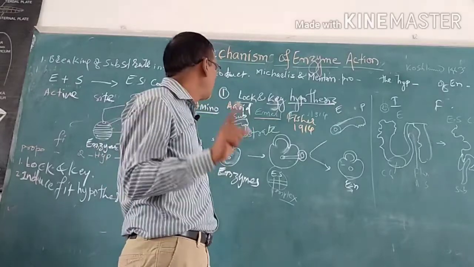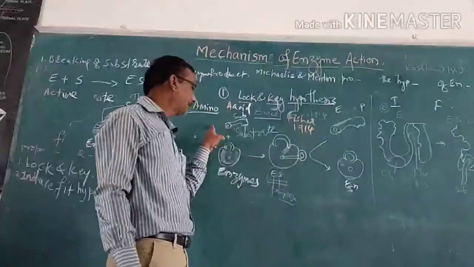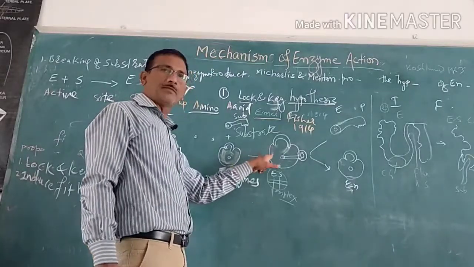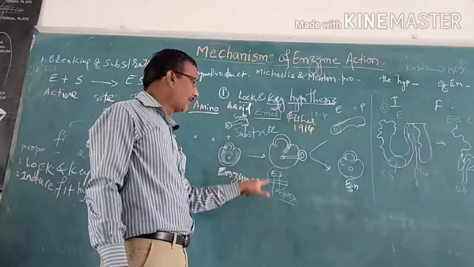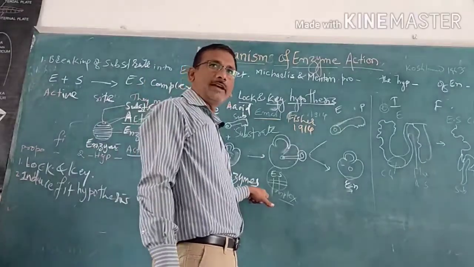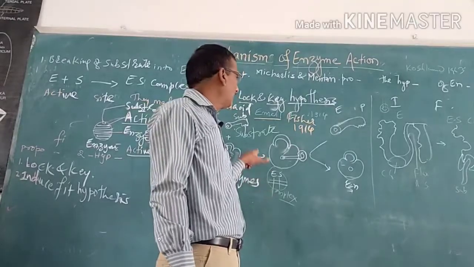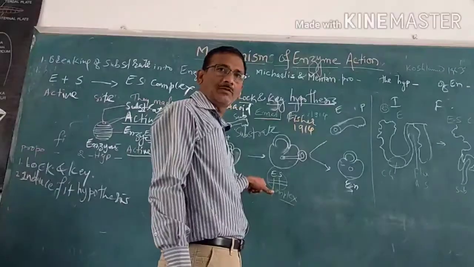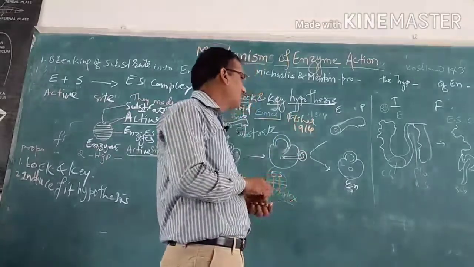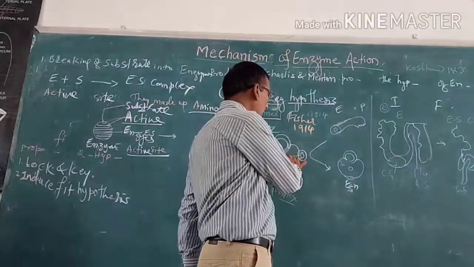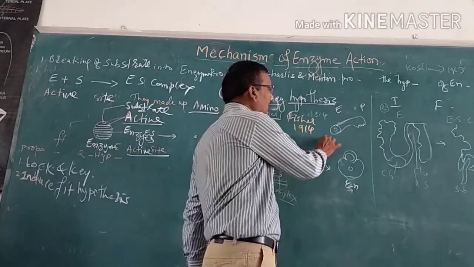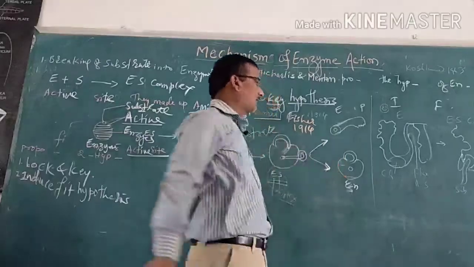This hypothesis depends upon the substrate plus enzyme making one complex, and that complex is known as the ES complex. Emil Fischer proposed that both are separate from each other: the lock fits the key, and the key and lock are separate.